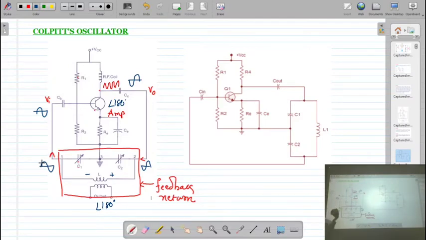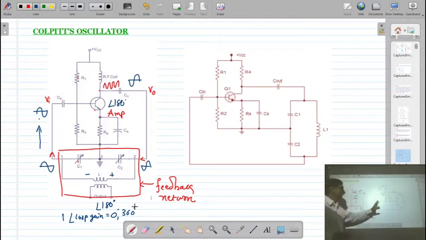So you can see the input signal and the feedback signal are both in the same phase. So the angle of the loop gain of this amplifier is 0 degree, or you can say 360 degrees. In this way the circuit works as an oscillator.